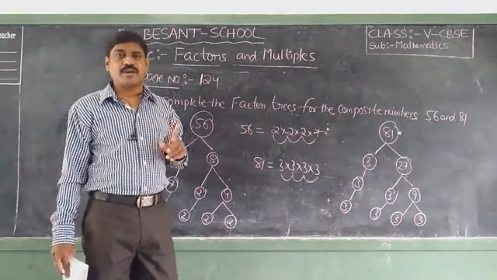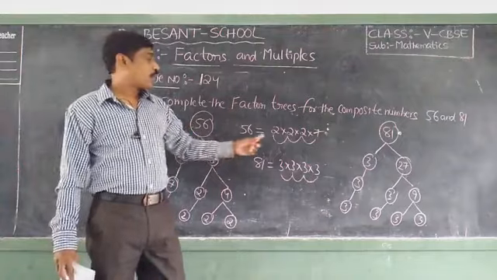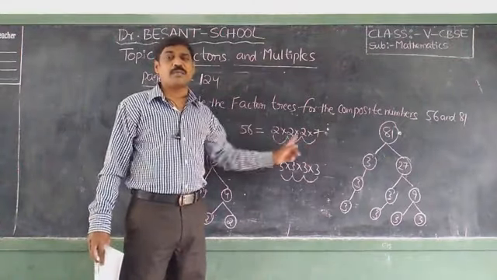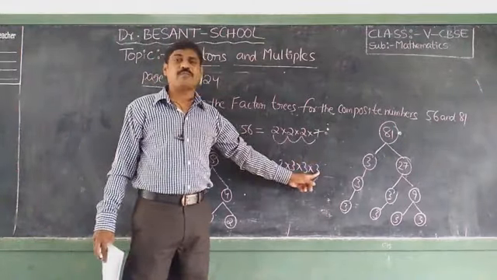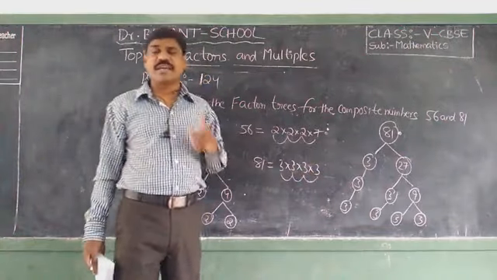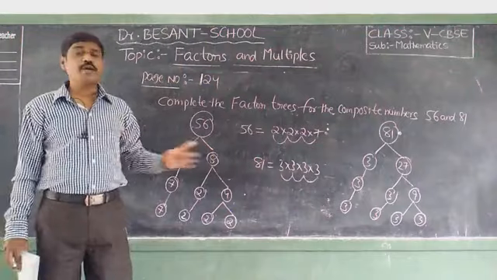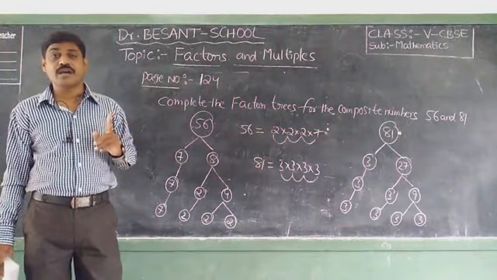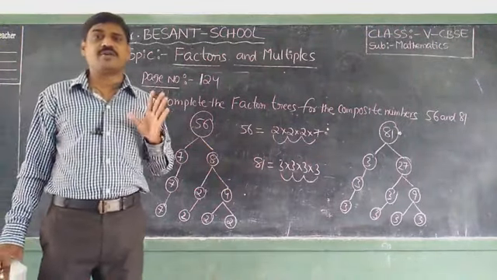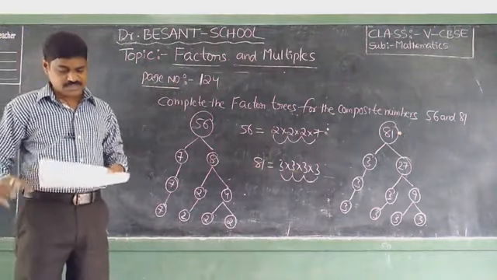This is a product of primes, this is also a product of primes. So every composite number can be expressed as a product of primes. This is called prime factorization. Okay, note down.